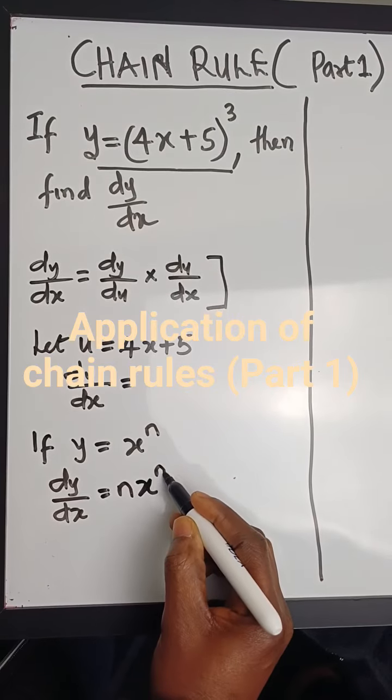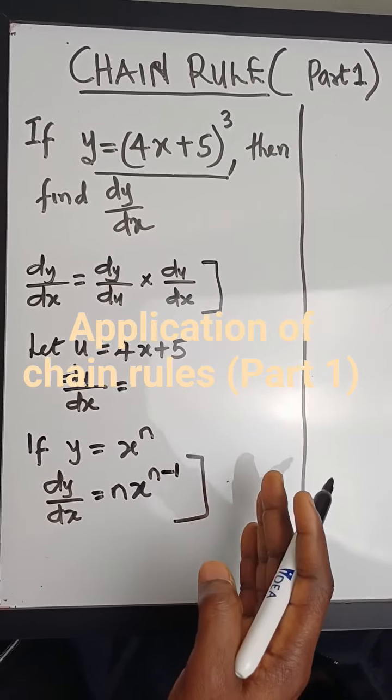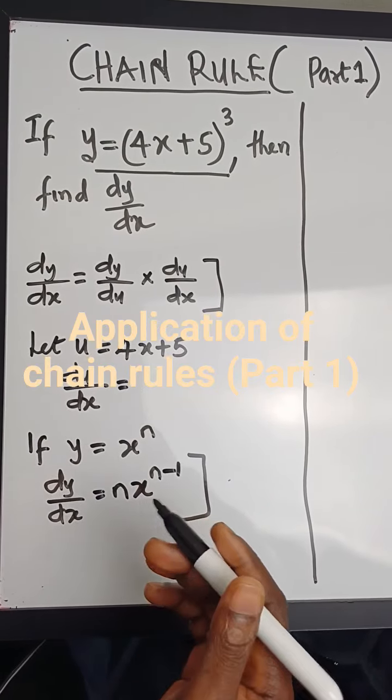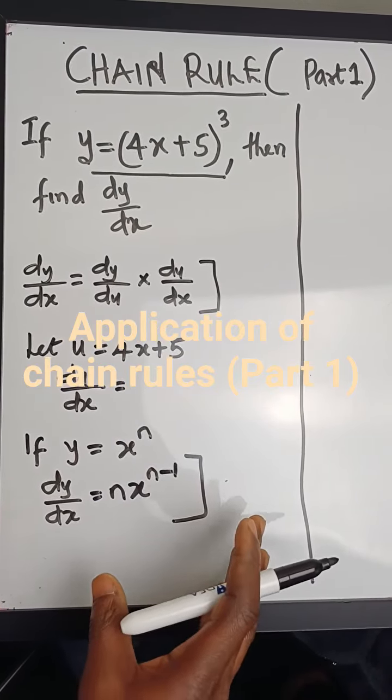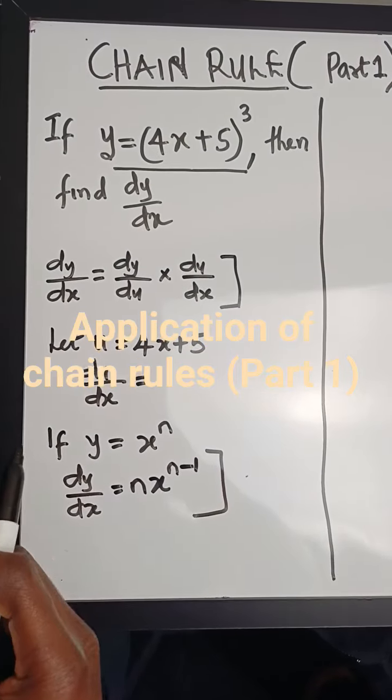Then you minus 1 from the power. This is what we call a general rule. This is applicable to solve a differentiation, and this is what we are going to be using in application of those derivations we have in season 1.